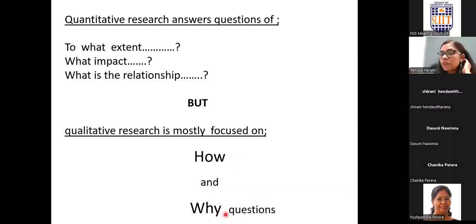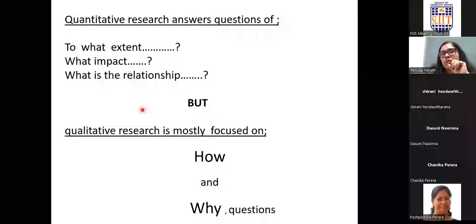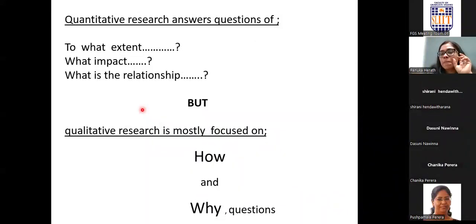It doesn't mean that there cannot be what type of questions that you usually get in quantitative research. They can also be there, but if you have about 3 research questions for your research project, and all of them are what type of research questions, it does not look like proper qualitative research, because if you look at the research paradigms, research philosophies also, your approach, whether it's a positivism approach or another approach coming under qualitative research, that also reflects through the wording of your research questions.